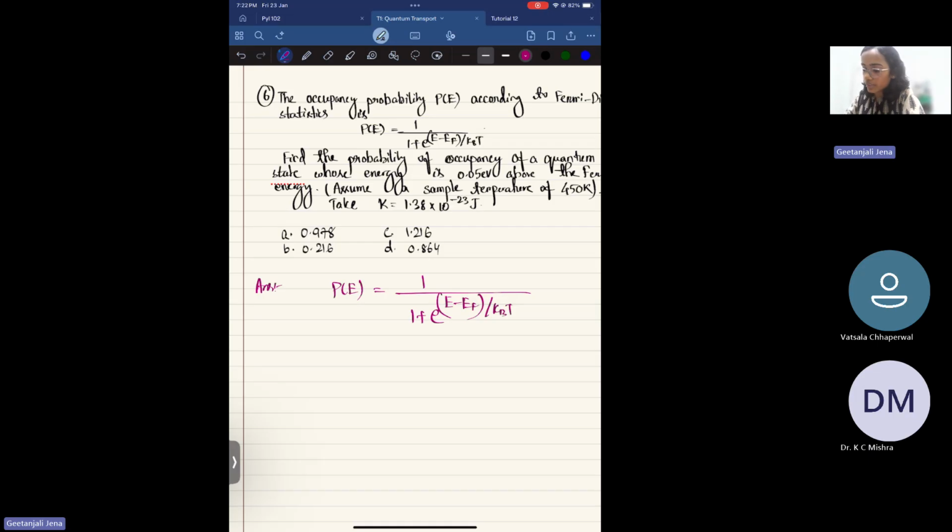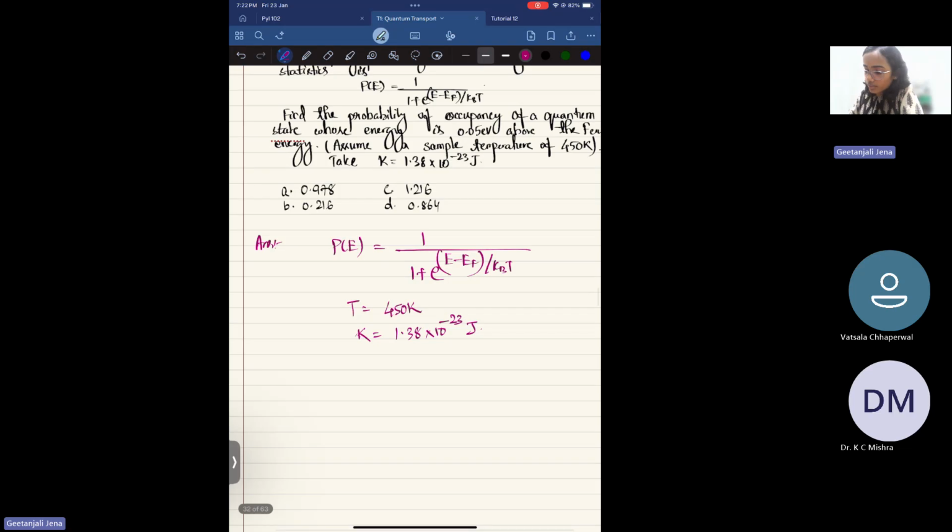You can assume a sample temperature of 450 Kelvin, and we can take the Boltzmann constant as 1.38 into 10 to the minus 23. And it's also given E minus EF is 0.05. So you just need to put all this information into this relation and find out which one of the options is correctly giving the answer to this problem.